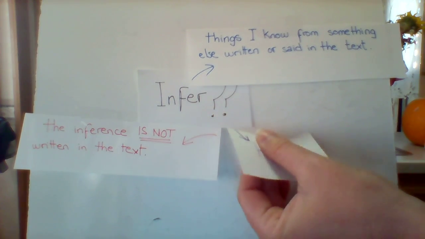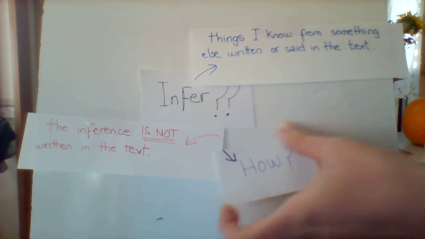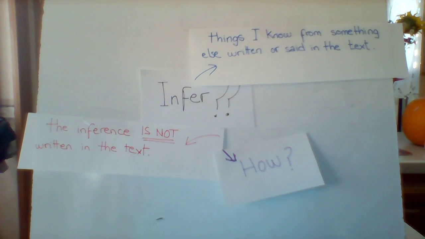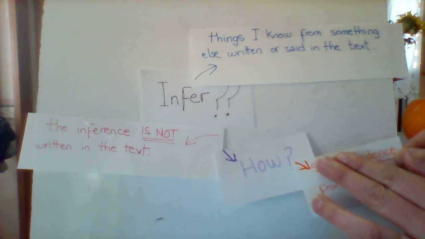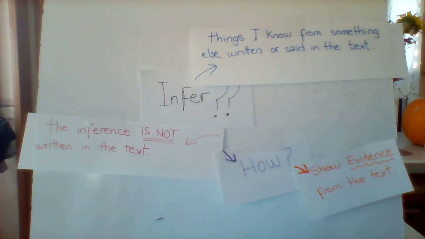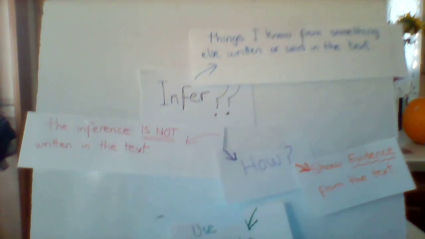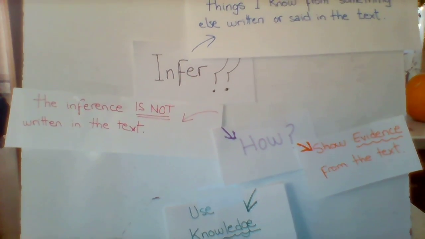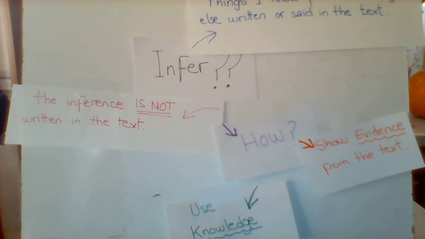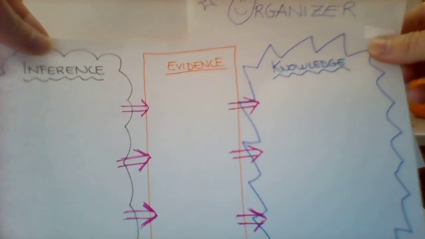How do I do an inference? We need two things. We need to show evidence, this information from the text, and we need our common sense or our previous knowledge. For this, I like using graphic organizers.